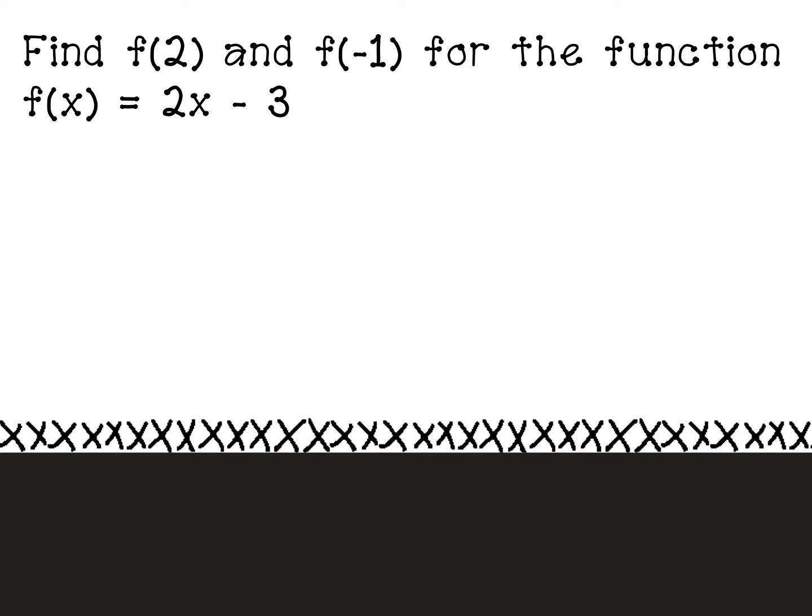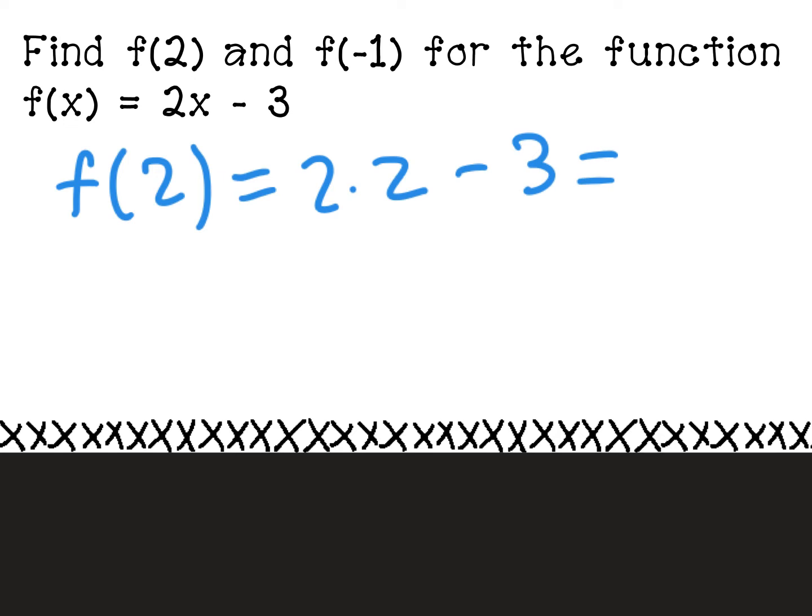We are going to calculate f of 2 and f of negative 1 for the function f of x equals 2x minus 3. Since we're looking for f of 2, anywhere we see an x, we're going to replace it with a 2. So 2 times 2 is 4, minus 3 is 1.